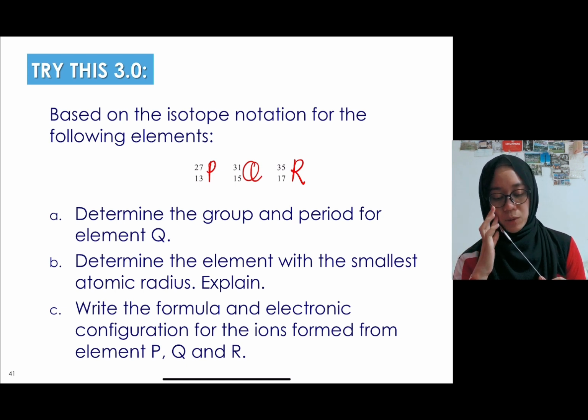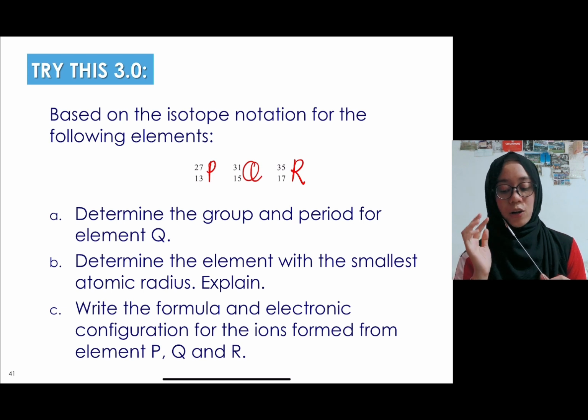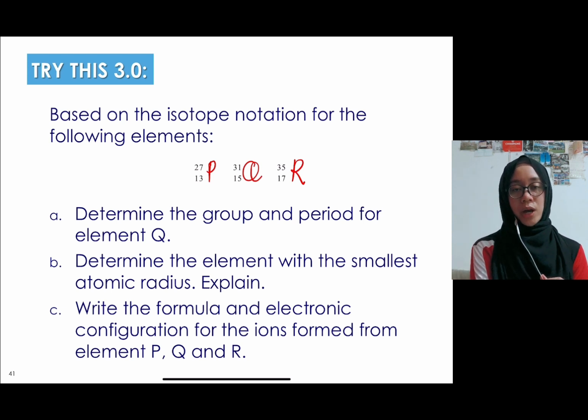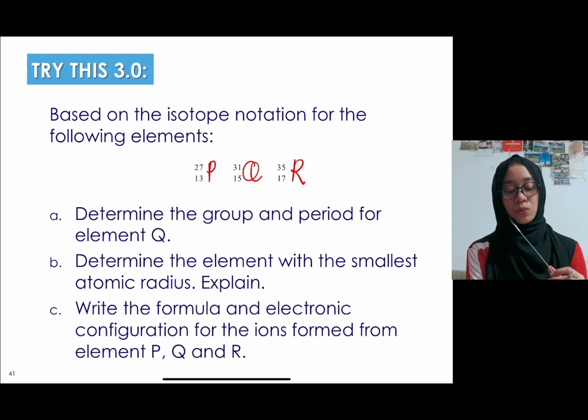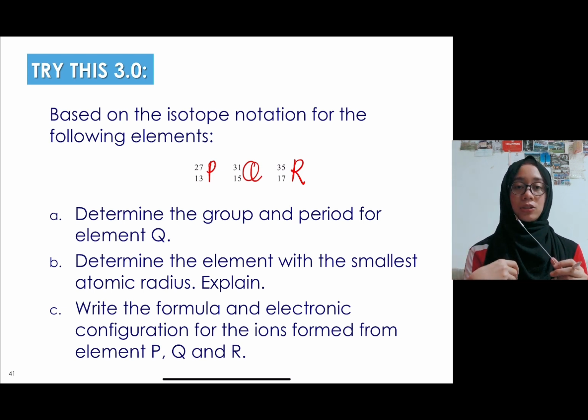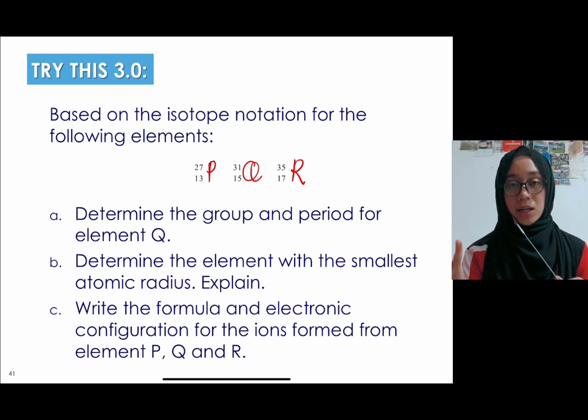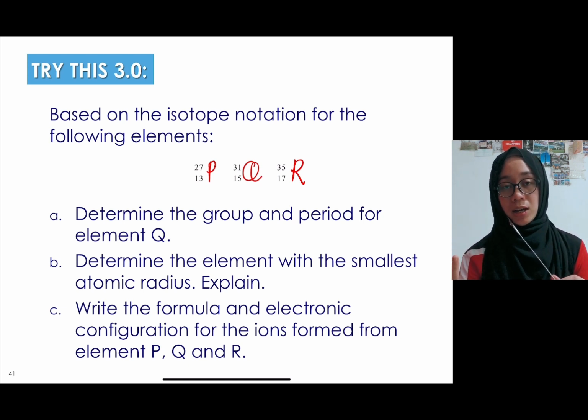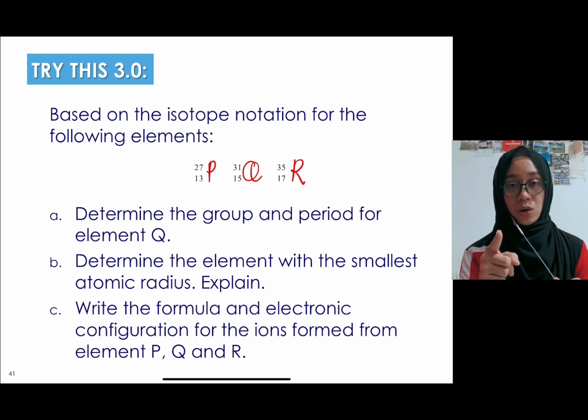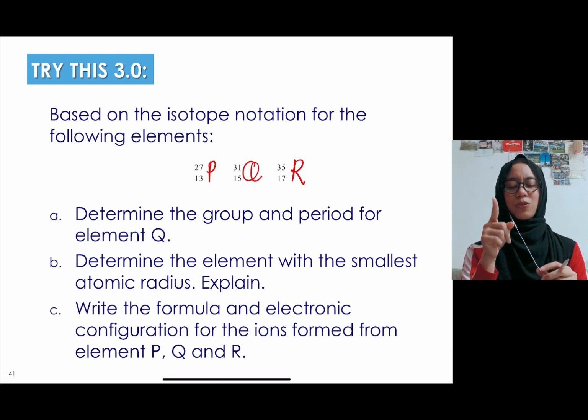Okay, and then write the formula and electronic configuration for the ions formed from P, Q and R. So untuk tahu ions dia, jadi it is either gaining electron ataupun dia losing electron kan. So why exactly dia lose electron ataupun gain electron? That is in order to achieve octet. So Miss tengoklah macam mana kamu berjaya tak buat untuk yang ni.